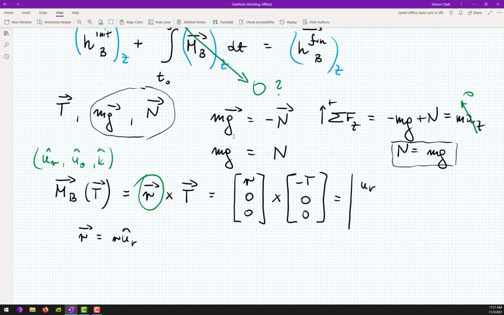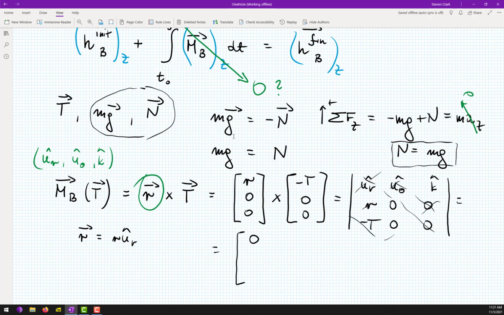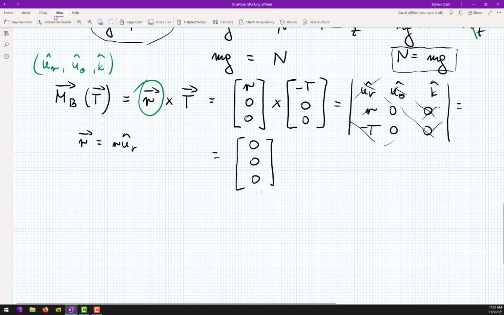This will be u_r, u_theta, k; r, 0, 0; minus T, 0, 0. And this is equal to 0, 0, and 0. Perfect. So our moment coming from T is 0.